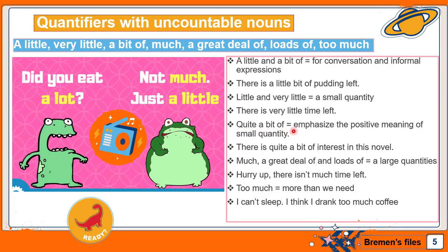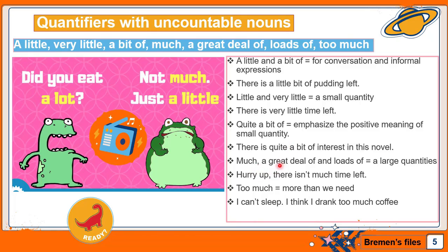Quite a bit of, the meaning is to emphasize the positive meaning of small quantity. So it is a small quantity and you want to emphasize it, quite a bit of. There is quite a bit of interest in this novel. The meaning, not many people want to read the novel and you want to emphasize the meaning.